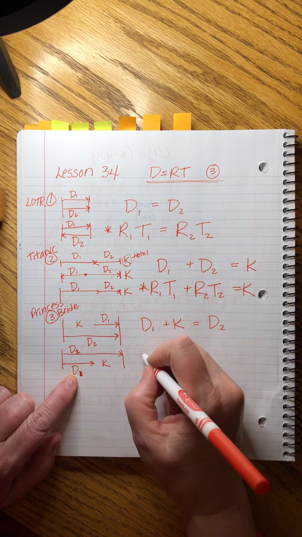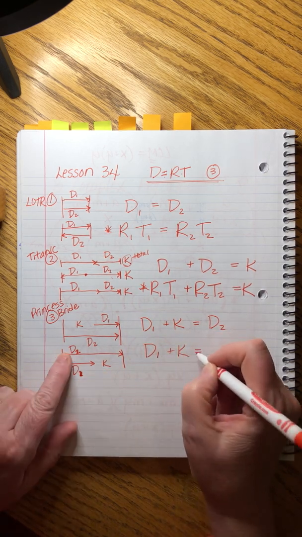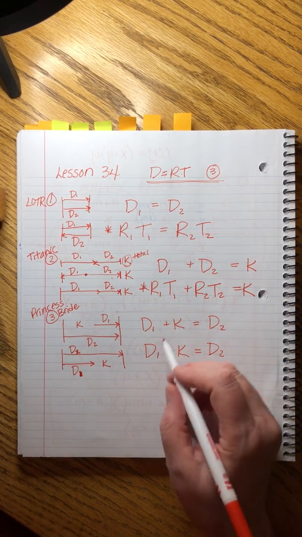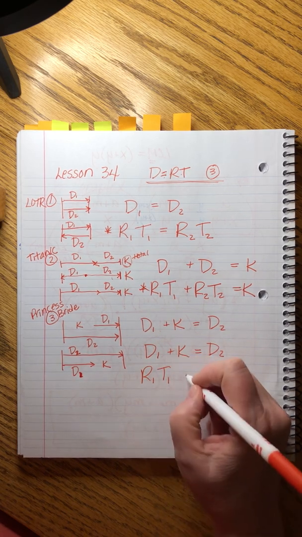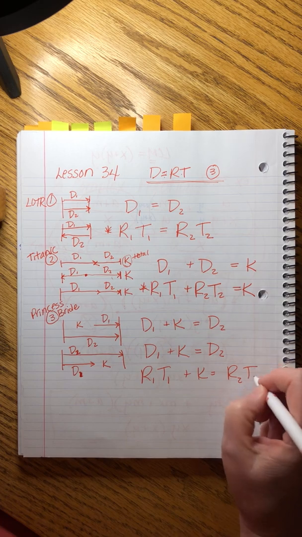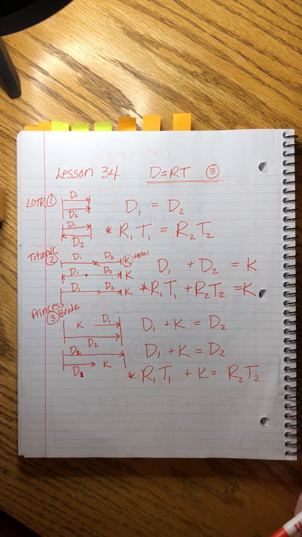The shorter distance plus the gap equals the longer distance. Okay? And then we do the same thing where we substitute this in. R1 T1 plus K equals R2 T2. And there's the base equation that we can use.